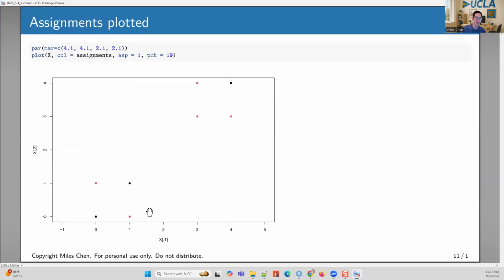And so we get columns of z. When we do that, I happened to assign 5 of the points to cluster 2, shown in red, and 3 of the points to cluster 1, shown in black. So this point, this point, and this point are assigned to cluster 1, and these 5 points are assigned to cluster 2.